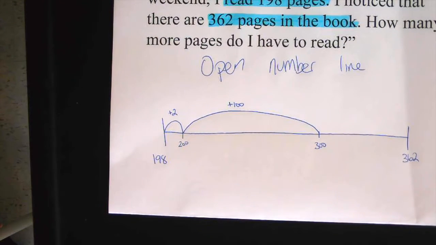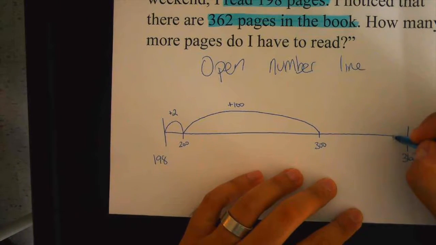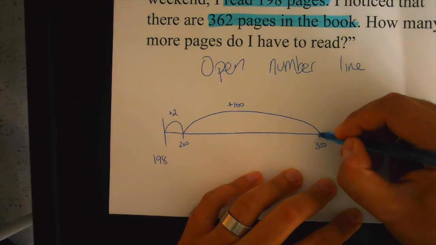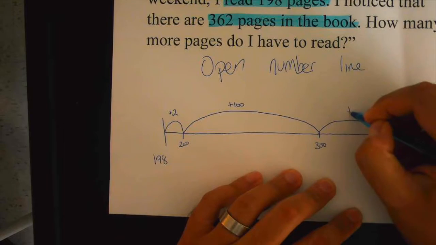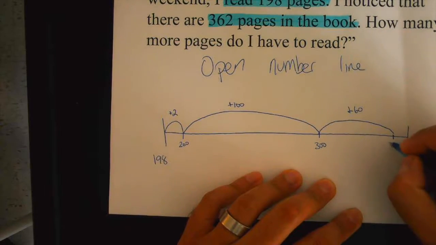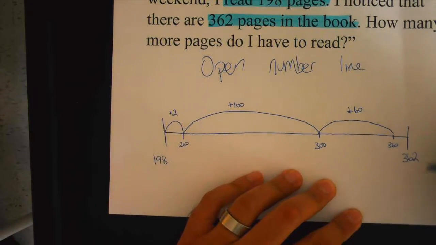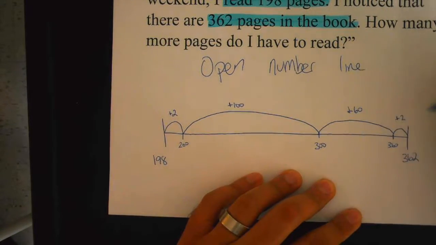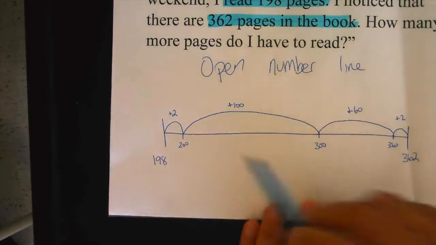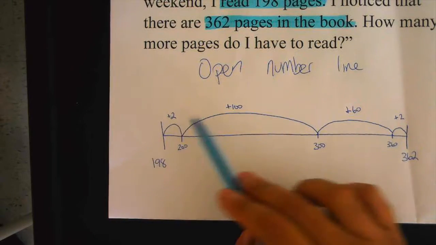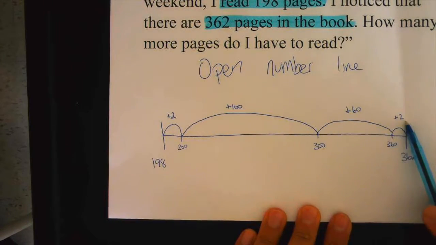The next easy number for me is adding 60. So I know that adding 60 will get me to 360. And now I have a little bit left in the book, plus 2. So now I'm left with a plus 2, a plus 100, a 60, and a 2.